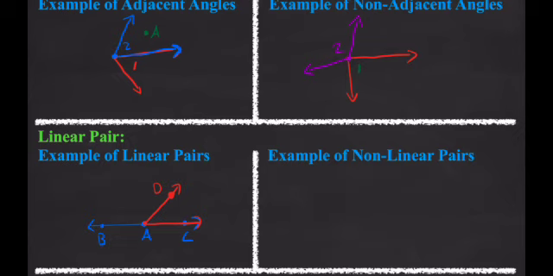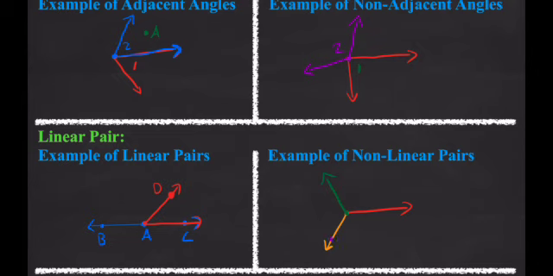A non-example of a linear pair could be like this. If we have this ray over here, we can have this ray go this way, and we can have this ray go this way. Notice there is no straight line in there. We don't have opposite rays. Opposite rays always form straight lines.